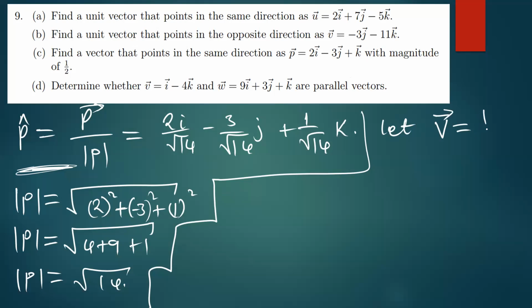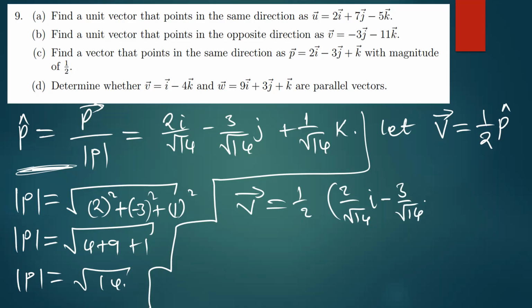So v is equal to 1 over 2 times P cap, which is the unit vector in the direction of P. Okay, so now let us find this vector. So our v is therefore going to be half times the unit vector that we have there. So that is what we are supposed to do. We have to multiply this to find the solution.